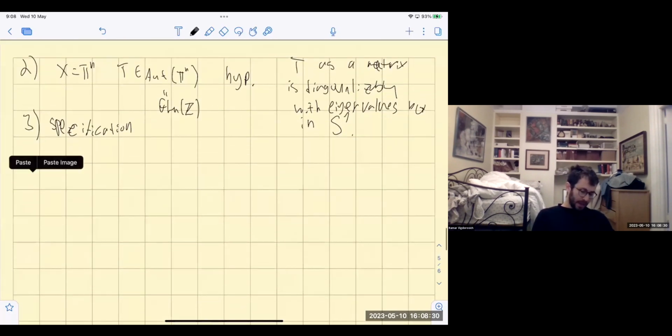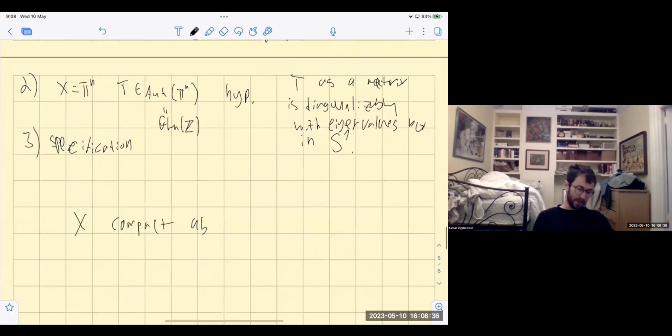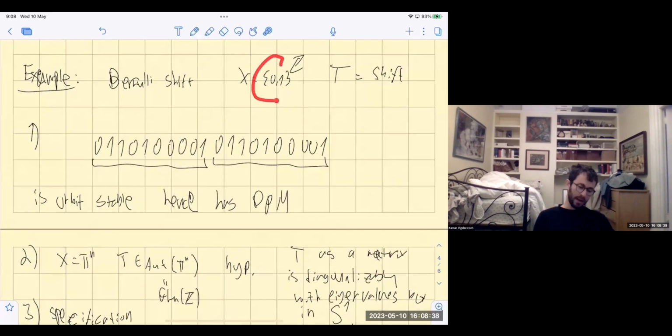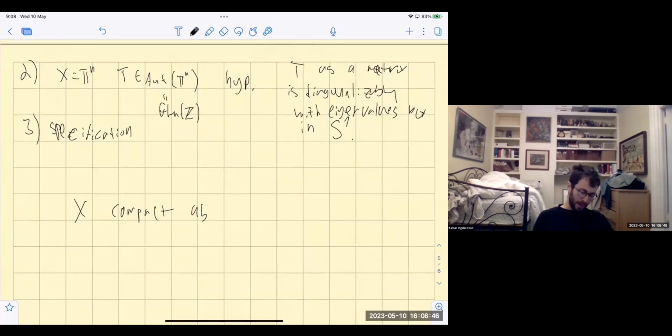Mainly what I'm interested in is when X in general is a compact abelian group, like with the torus, and also like with the Bernoulli shift. This is also a compact abelian group, because this is Z mod 2, and T is an automorphism.